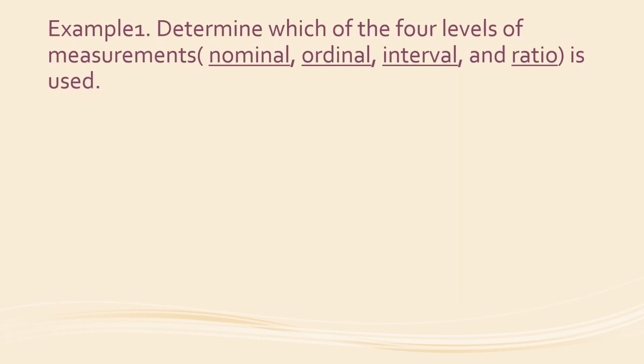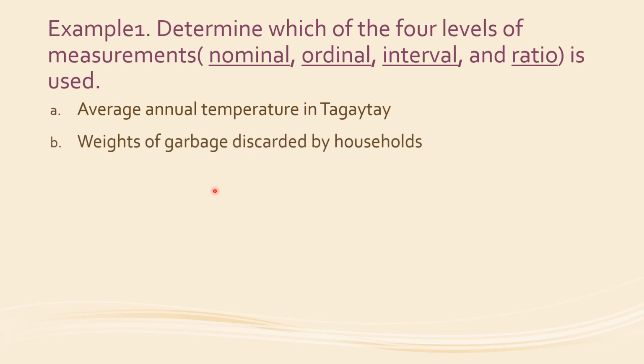So let us have this example. Determine which of the four levels of measurements, like nominal, ordinal, interval, and ratio, is used. First, we have the average annual temperature in Tagaytay. B. Weights of garbage discarded by households. Yung mga basura sa bahay, tinitimbang yan. C. A judge rates some presentation as good.